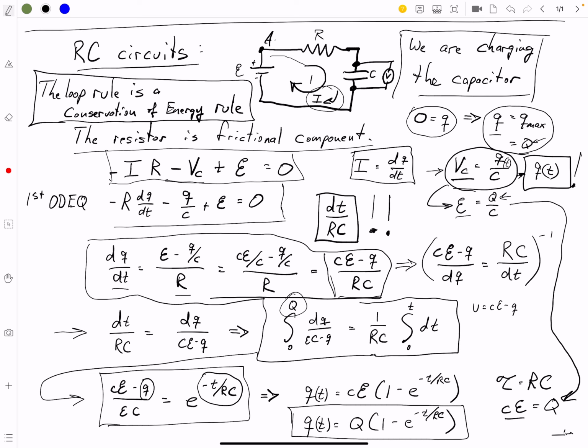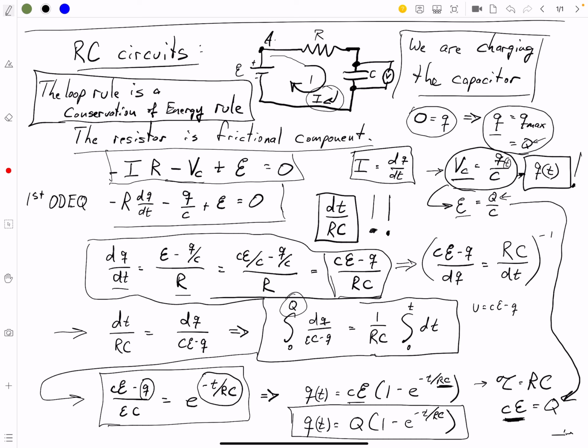We now can turn this equation, follow the arrow, and we get q of t equals C times epsilon, our EMF, times 1 minus this. Okay? Well, first of all, our time constant is RC, right? You can see clearly the time constant is RC. And from up above, we already said that our Q is equal to our capacitance times the EMF.